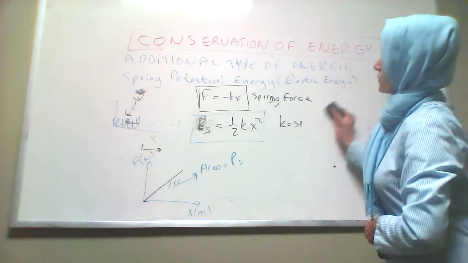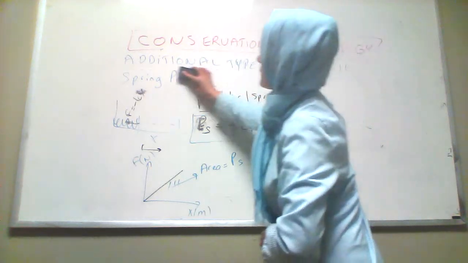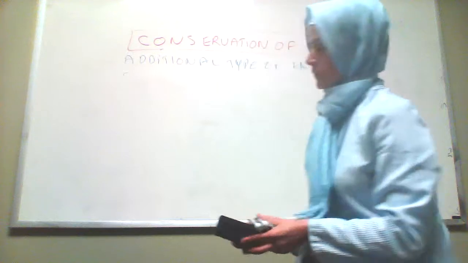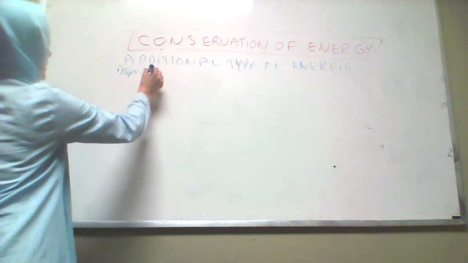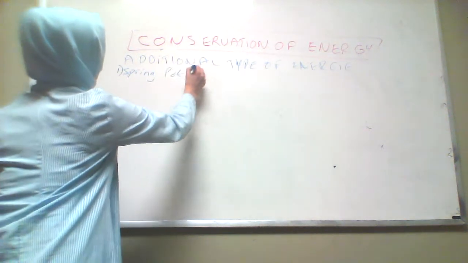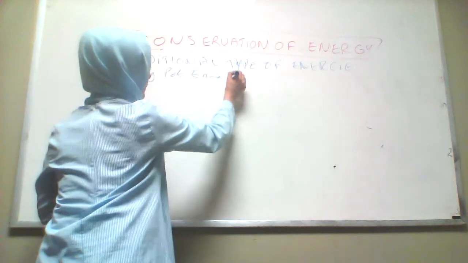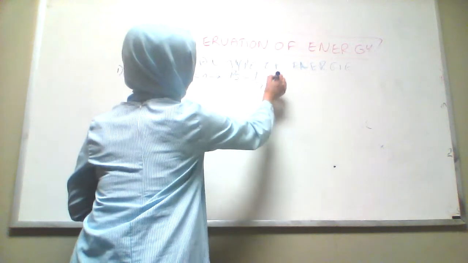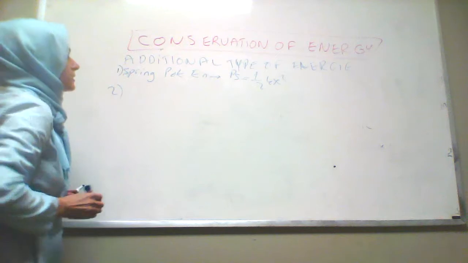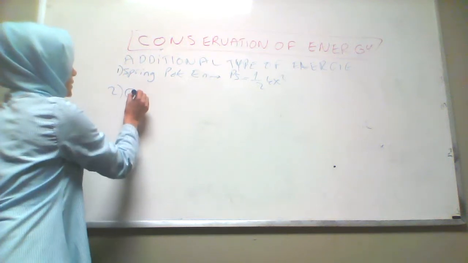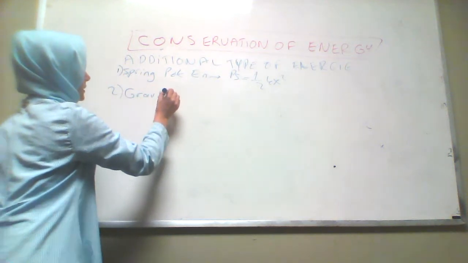Another type of energy is, so we can put here one, spring potential energy, 1/2 kx squared, and the other is gravitational potential energy.